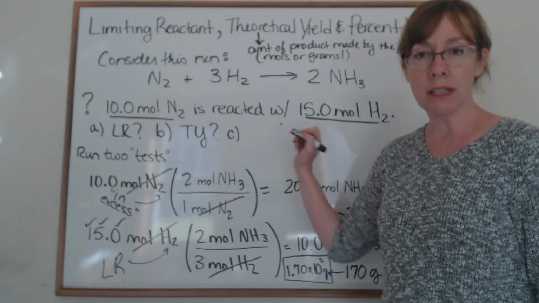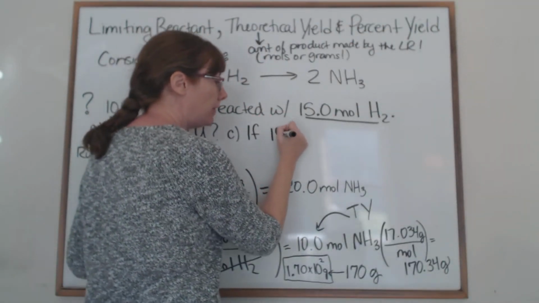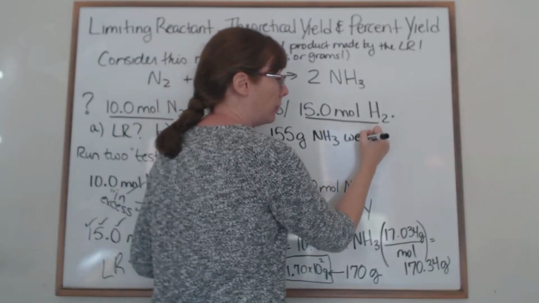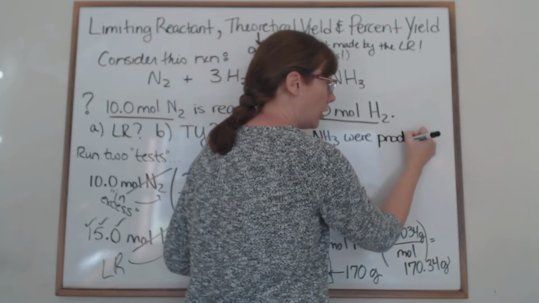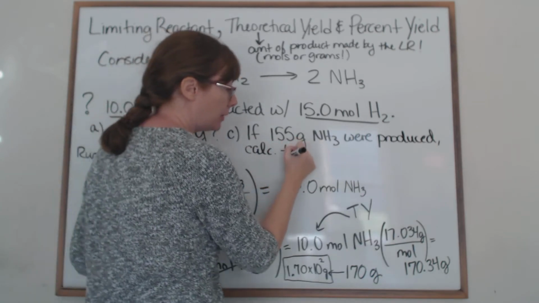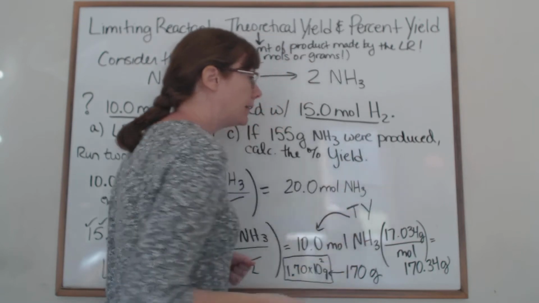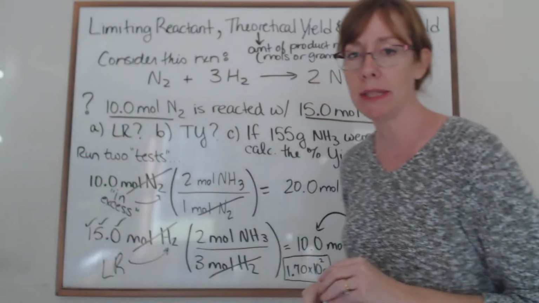Part C oftentimes would look something like this. If 155 grams of ammonia were produced, calculate the percent yield. Okay, so the questions aren't always in this form, but a lot of times they are.